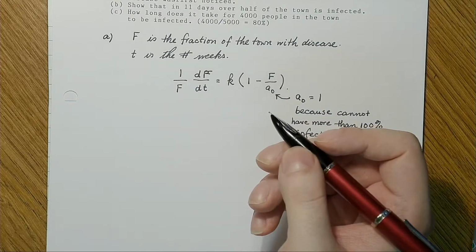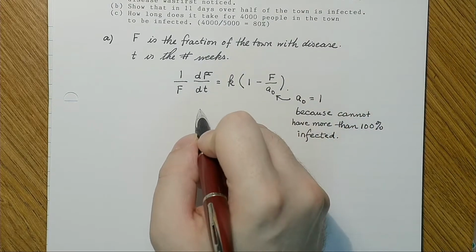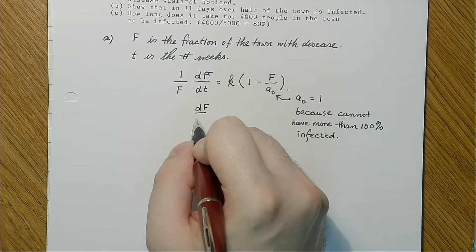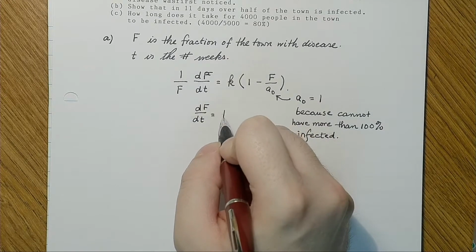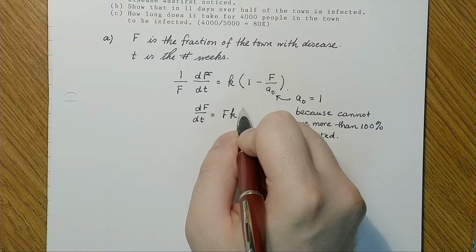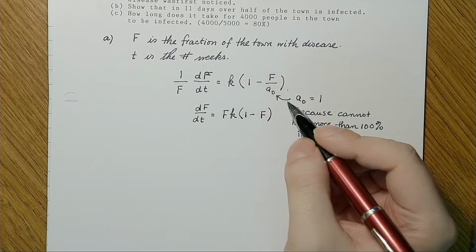Which means then that I can rewrite that. I'm just going to write df by dt is equal to f times k times 1 minus f. There we go.